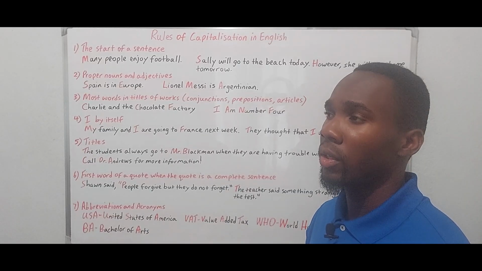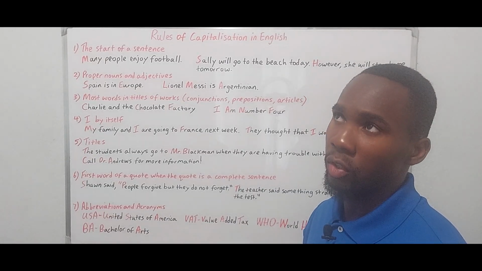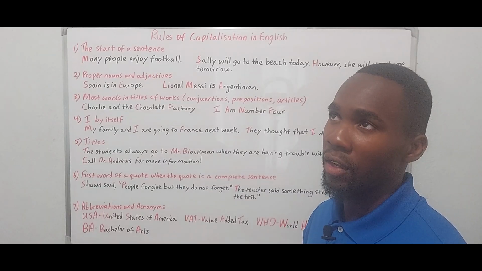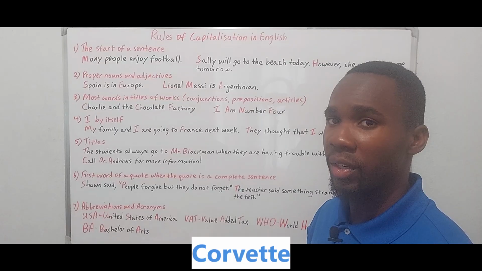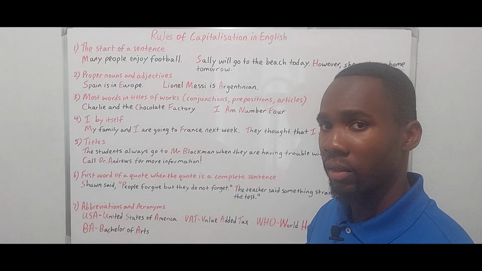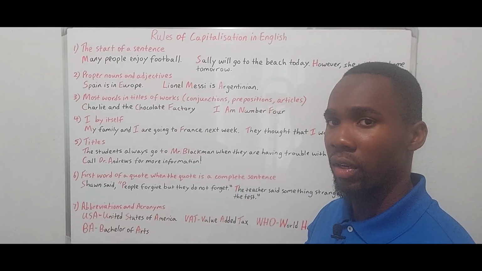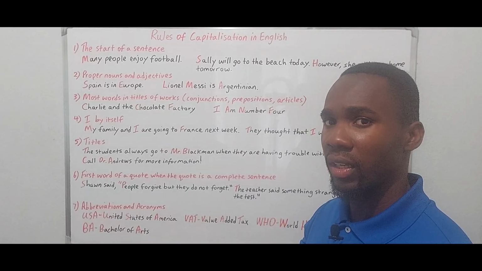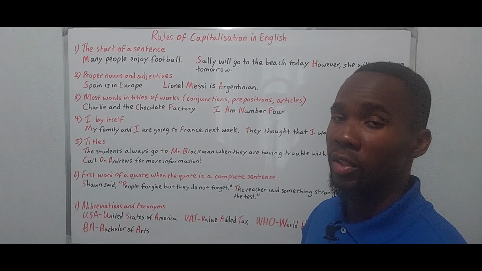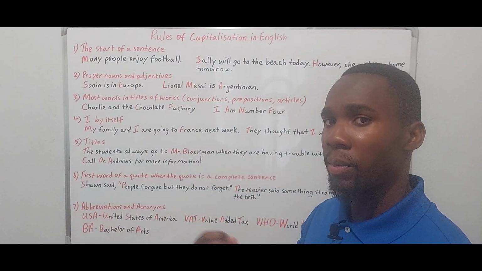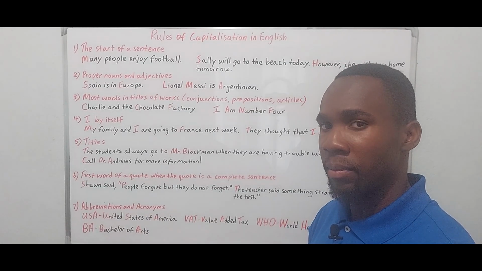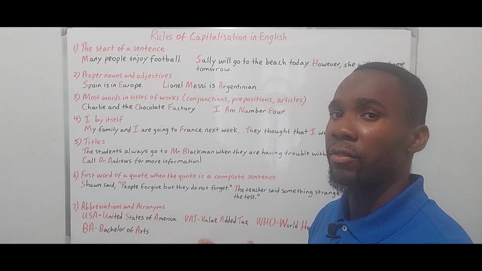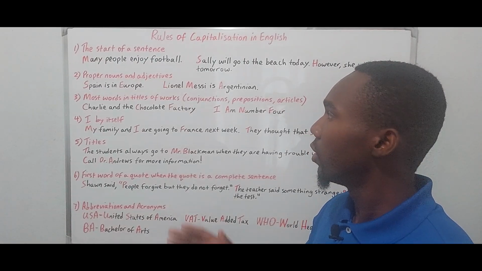If I say Corvette, that has to be capitalized because that is a specific car. But car is a general noun, right? The general thing. So that's what we call a common noun, right? The proper noun is going to be the specific name that is derived from the common noun, okay?